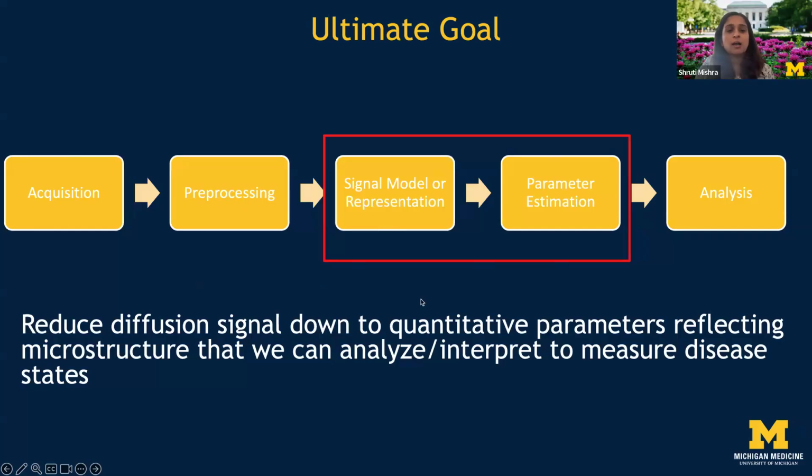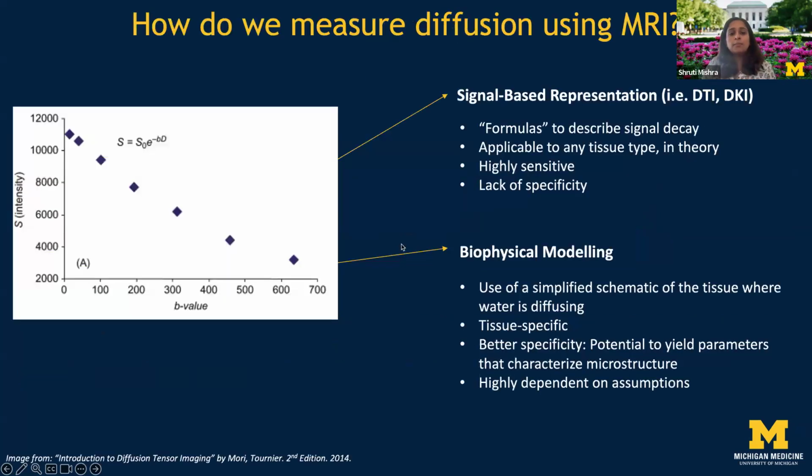The parameters that we derive really depend on whether we use a signal-based representation or newer methods like biophysical modeling. So the modeling strategy for diffusion-weighted MRI can be simplistically divided into two big buckets.